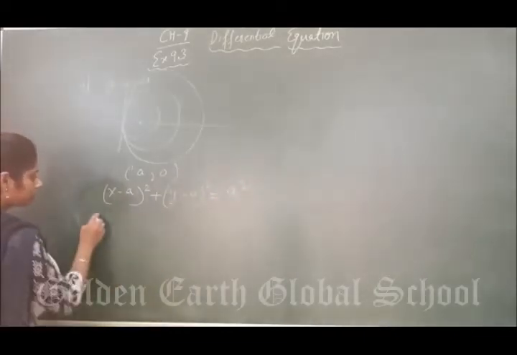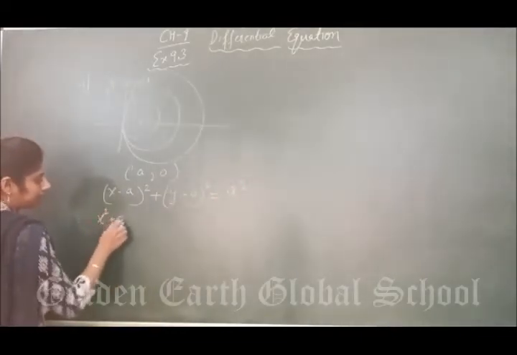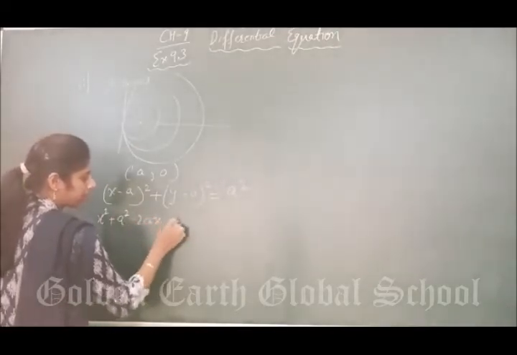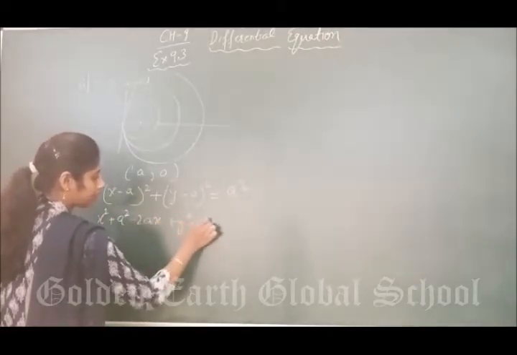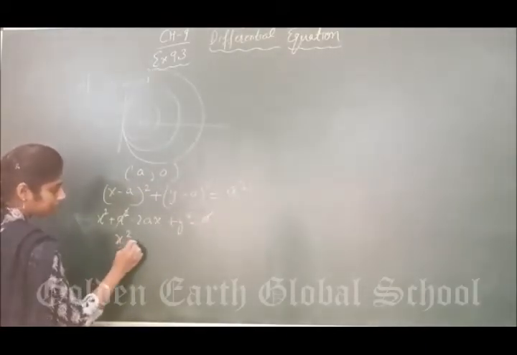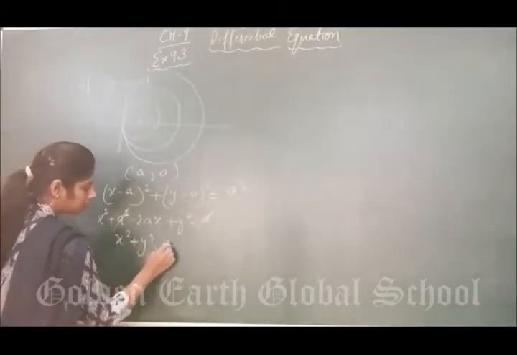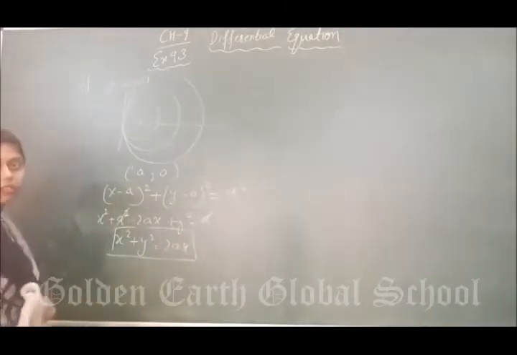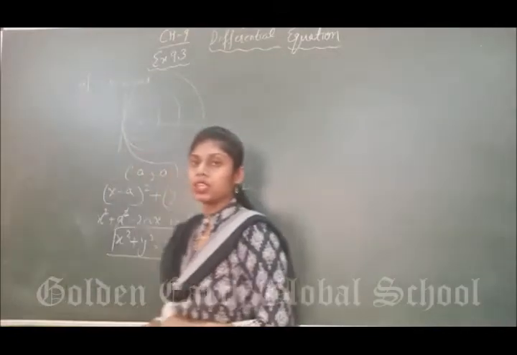Clear? So open the identity: x square plus a square minus 2ax plus y square equals a square. a square cancelled, so x square plus y square equals 2ax. This is the equation. Now from here we have to obtain the differential equation.